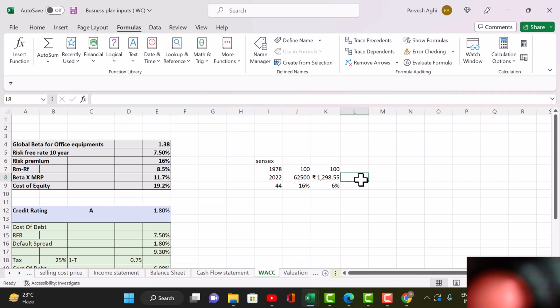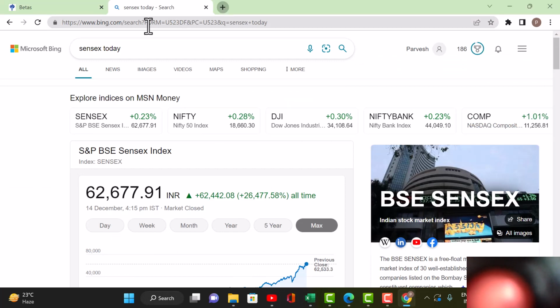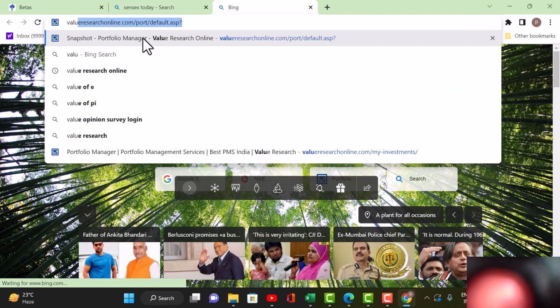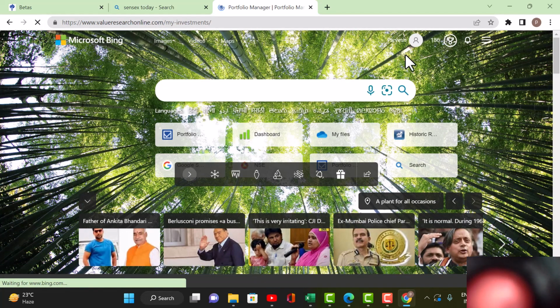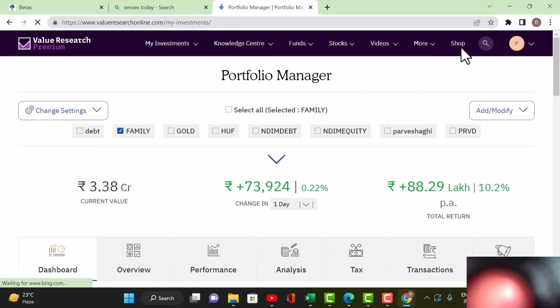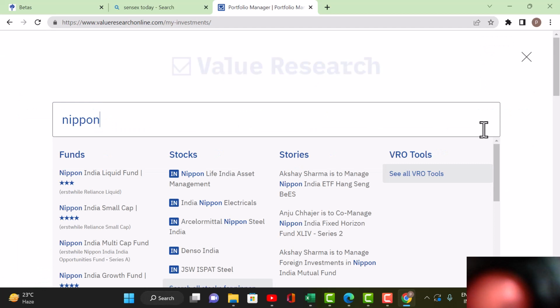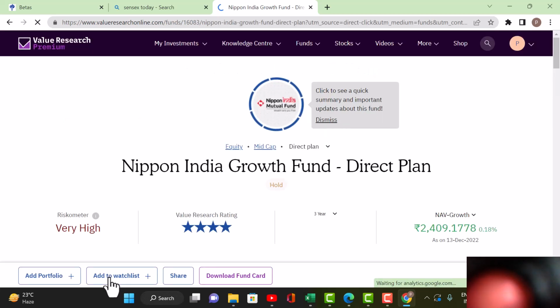Okay, I can show you that. Let's see. Let's go to another site called Value Research. Let's see some, like Nippon, कोई भी हम वो रख लेते हैं. Nippon India Growth Fund, okay, fine. Because that's an equity related fund.